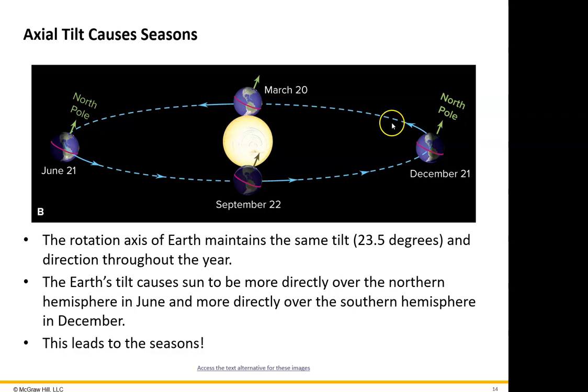That's the closest point that the Earth is to the sun. So 6 months later, it's further from the sun, and of course, in the northern hemisphere, that's summertime.